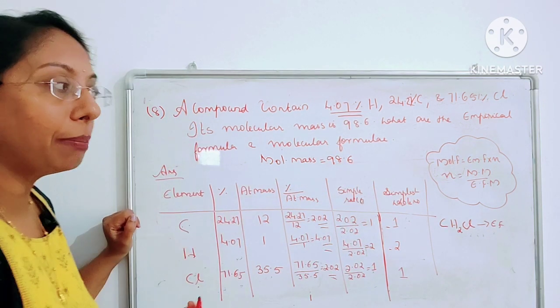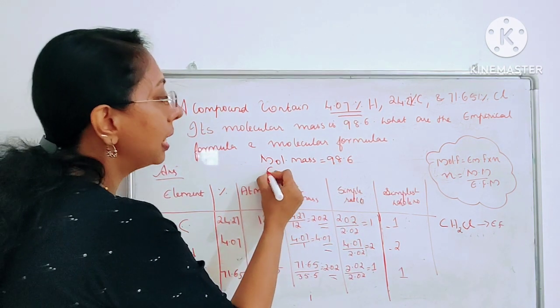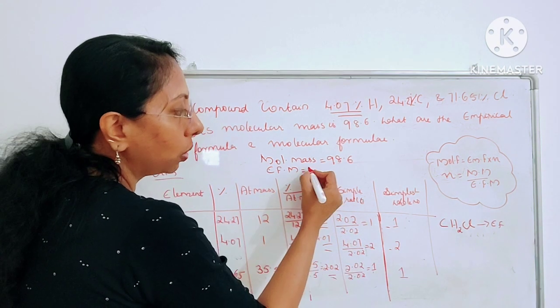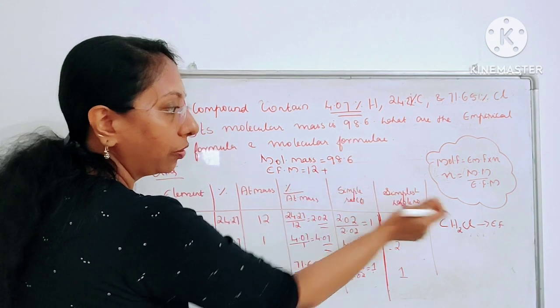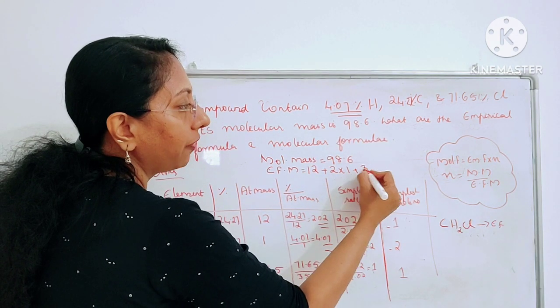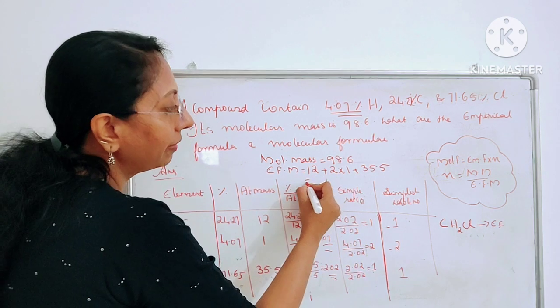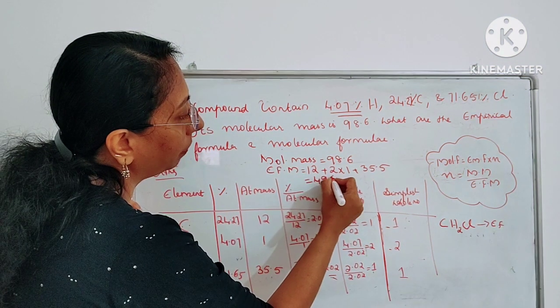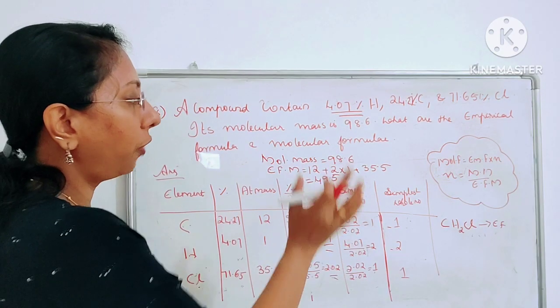Now we have to determine the empirical formula mass. For CH2Cl, carbon is 12, plus 2 hydrogens, 2 into 1, plus chlorine 35.5, and the value we get is 49.5.